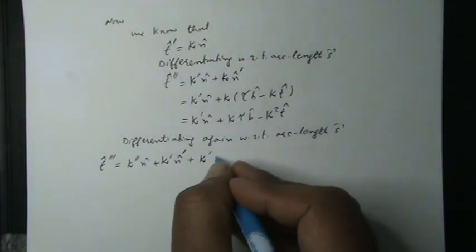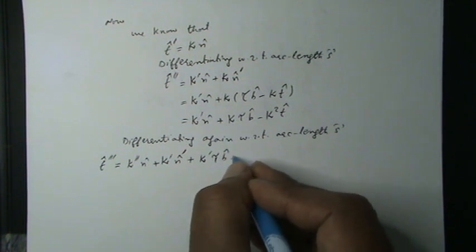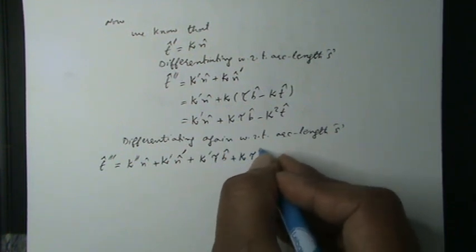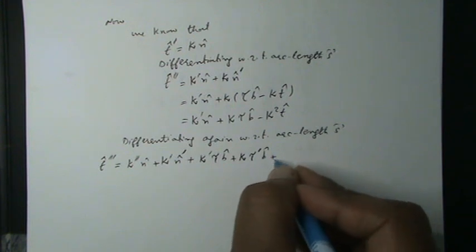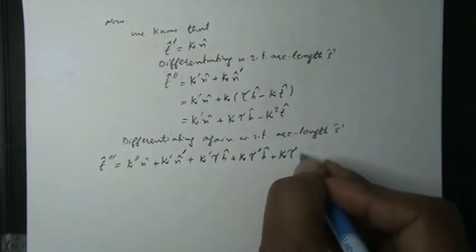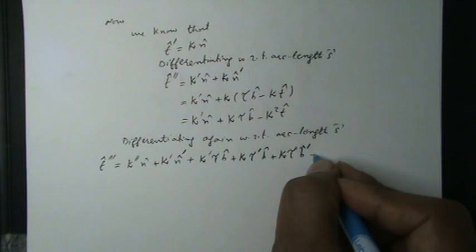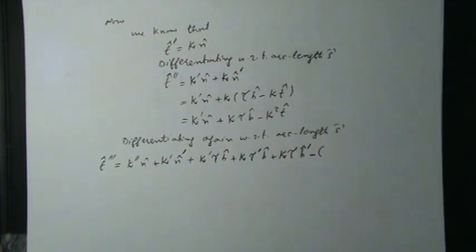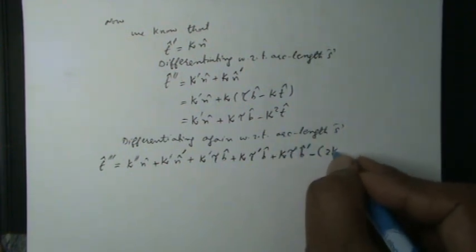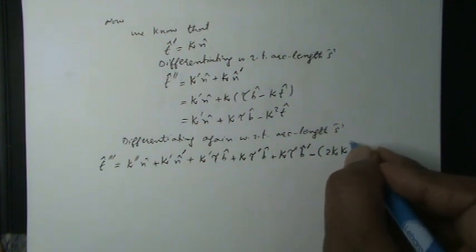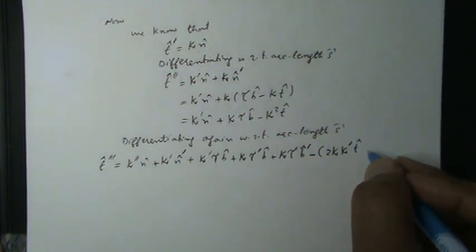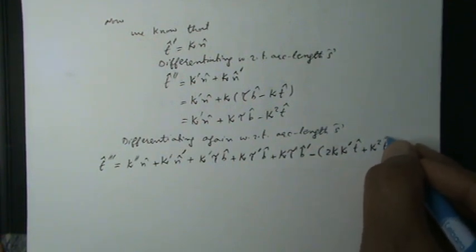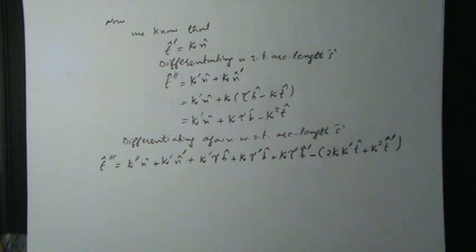First kappa derivative tau b unit vector plus kappa tau derivative b unit vector plus kappa tau b unit vector derivative, minus two kappa derivative t unit vector plus kappa square t unit vector derivative.